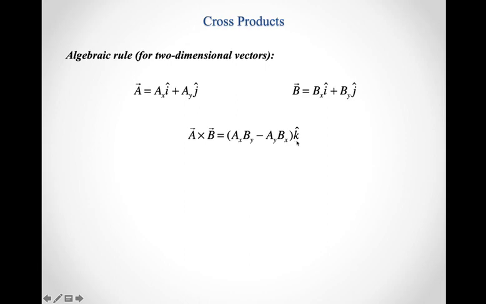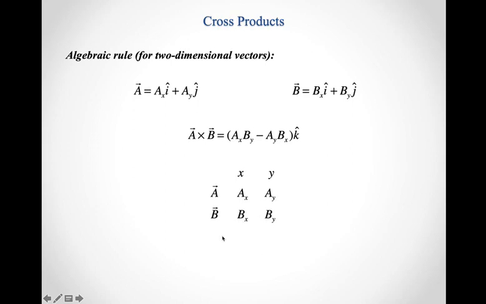Again, I've got to get back a vector, and in this case what I see is that my vector points in the z direction. Just to be clear, in terms of where this cross product label comes from, I can make a little table that shows the x and y components for my two vectors.